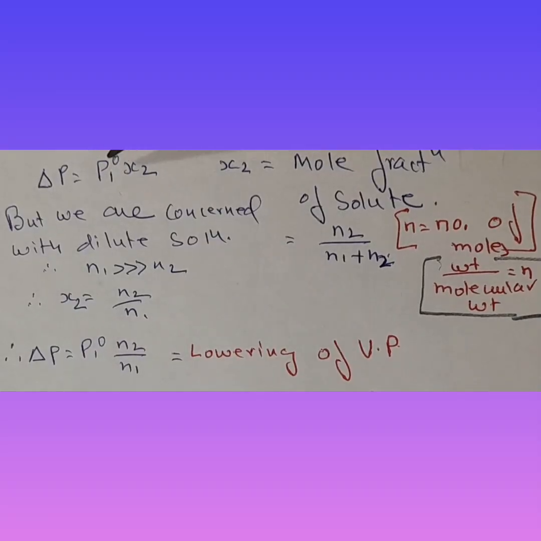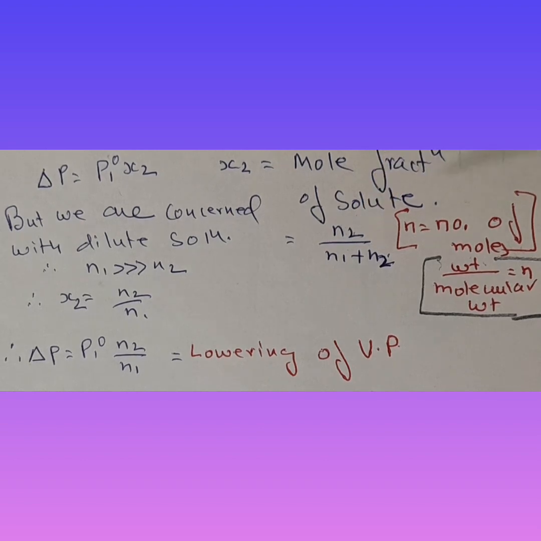Del P is equal to P10 x2, where x2 is the mole fraction of solute, and we already saw the formula for mole fraction of solute was N2 divided by N1 plus N2, where N2 I had told was reserved for solute. And N we know is the number of moles. And N also is the weight of the substance divided by its molecular weight. So this is the entire characterization of this stuff.